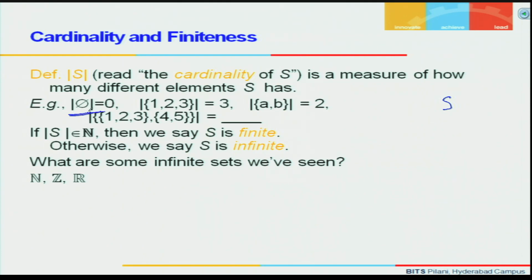I have to count the number of elements in the empty set. Actually, there are no elements. Hence, the cardinality of the empty set is 0. And if I consider {1, 2, 3} as the set, what is the cardinality of this set? It is going to be 3 because there are 3 elements inside that set. If I consider another set having A and B as its elements, the cardinality is going to be 2. There is no confusion over here.